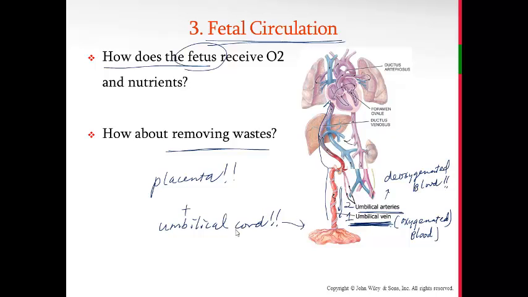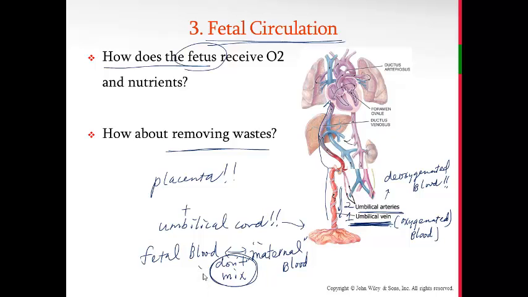And technically, the fetal blood, as well as the mommy's maternal blood, they don't mix. Okay. But all the goodies from the mommy are going to go through tissues of the placenta and into the fetal blood, but they don't mix at all. Okay, very important point to note.